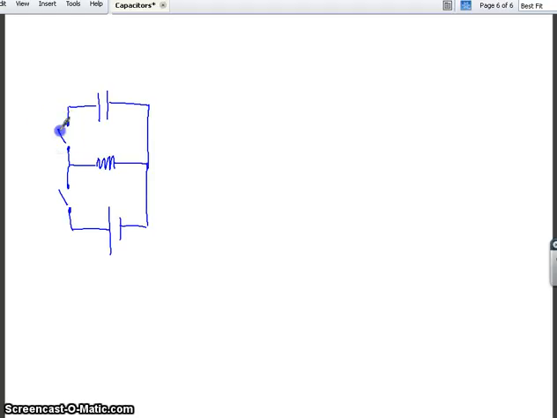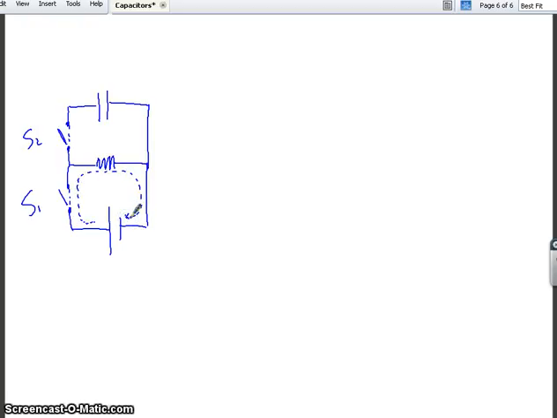We'll call this S1 and S2. And the question says something along the lines of, what's going to happen after a very long time if both switches are closed? So we close both switches. After a very long time, we know the capacitor is going to be fully charged and the current is going to be going through this direction right here. That's not a big deal.